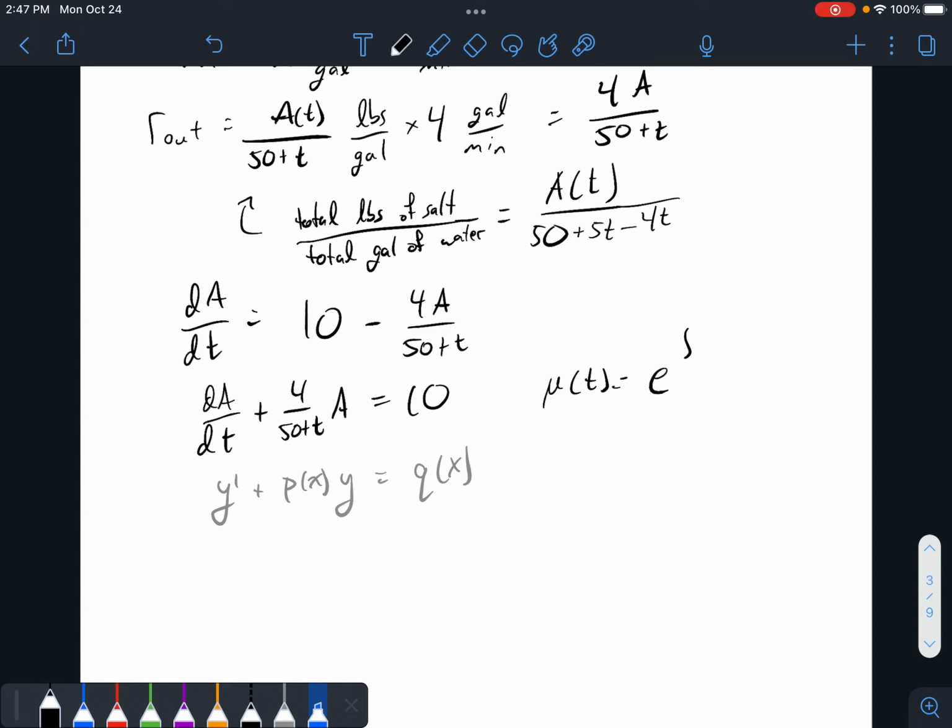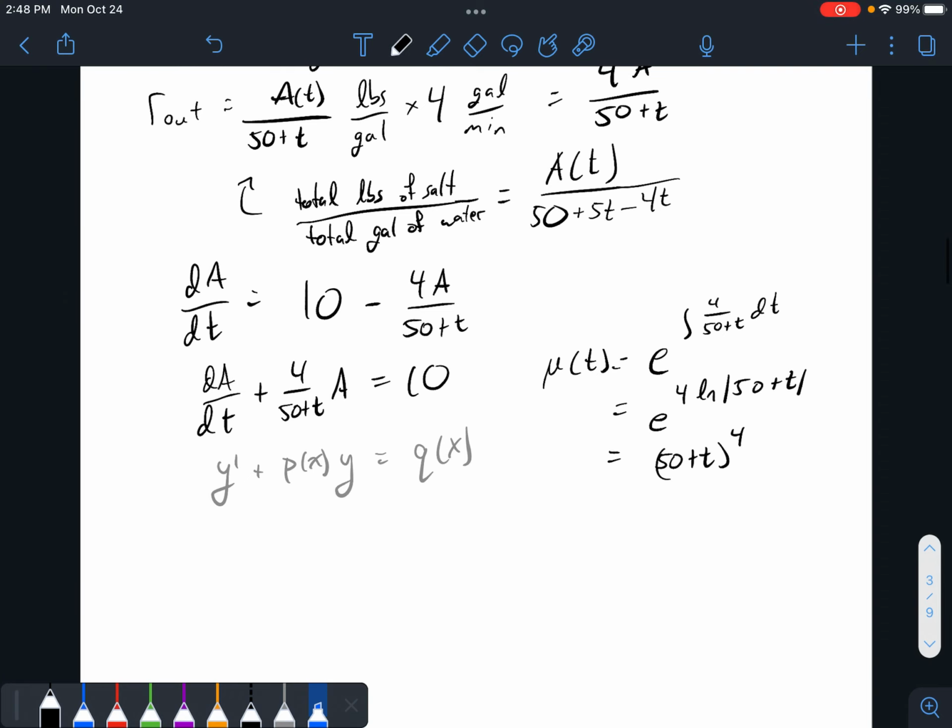So this is e to the integral of p, which is 4 over 50 plus t dt. I could bring that 4 out, and then natural log of 50 plus t, and this is equal to 50 plus t to the 4th.